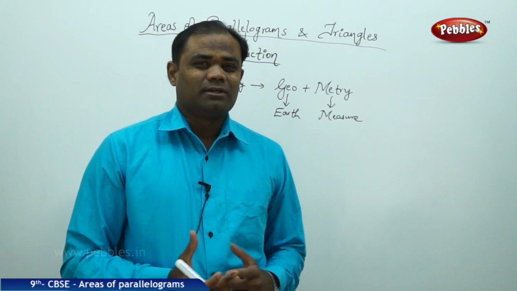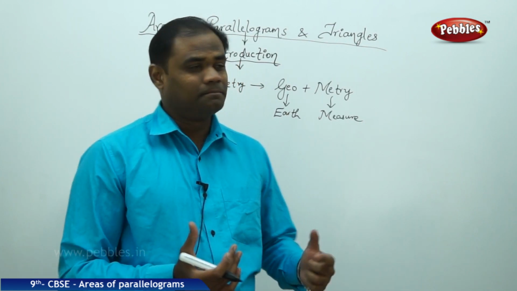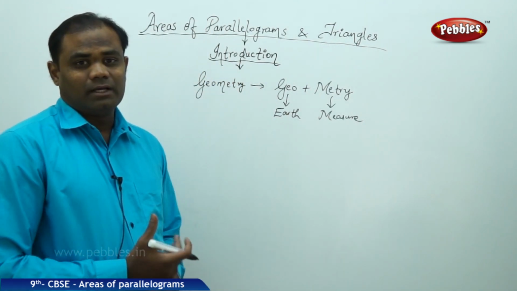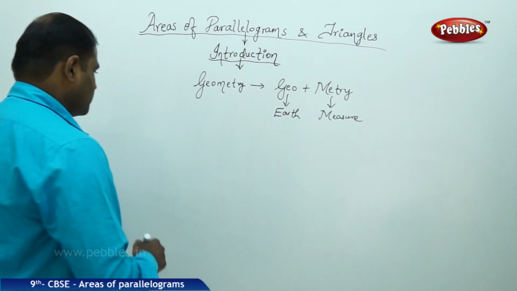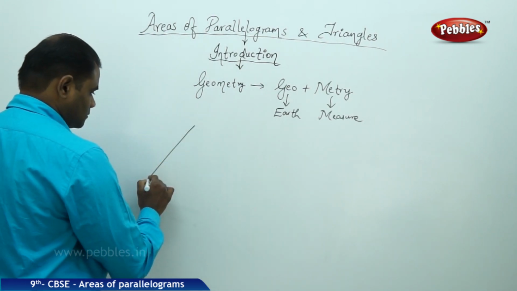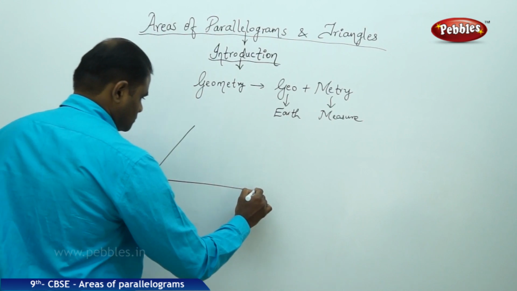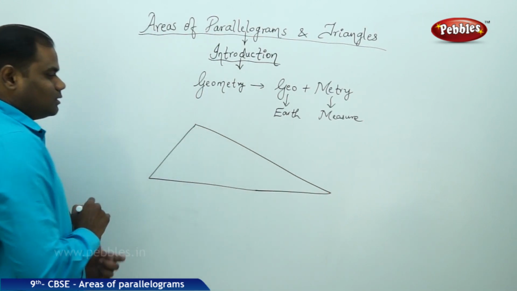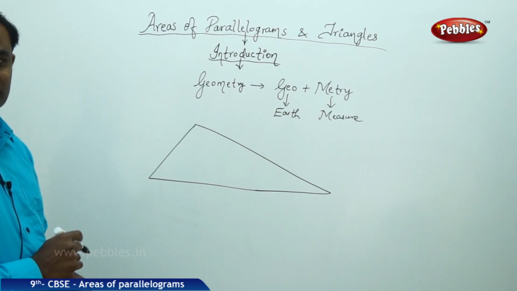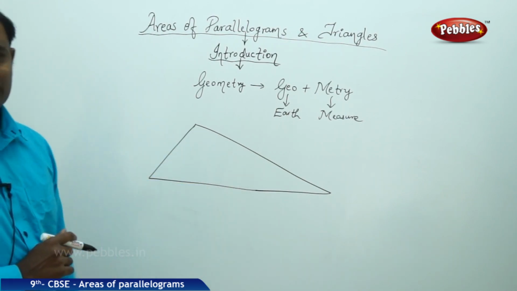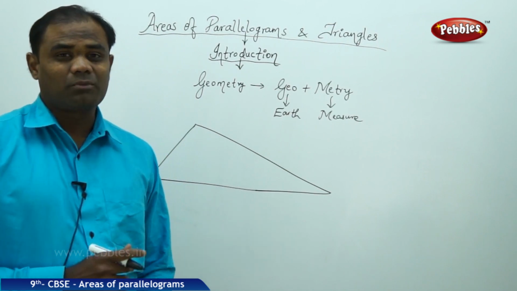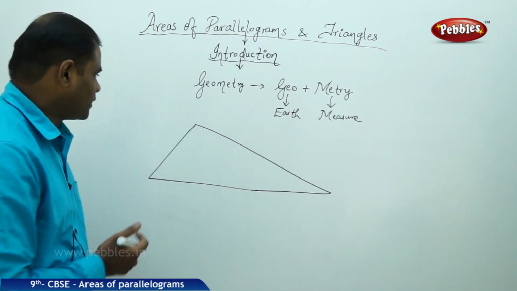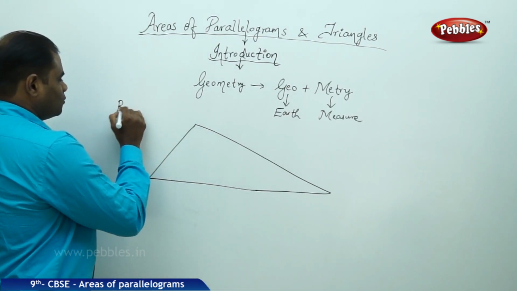To continue, imagine I have an agricultural field which is triangular in shape. Imagine this is my plot of land, which I want to divide equally among three people. For example, say Budhia was a farmer.